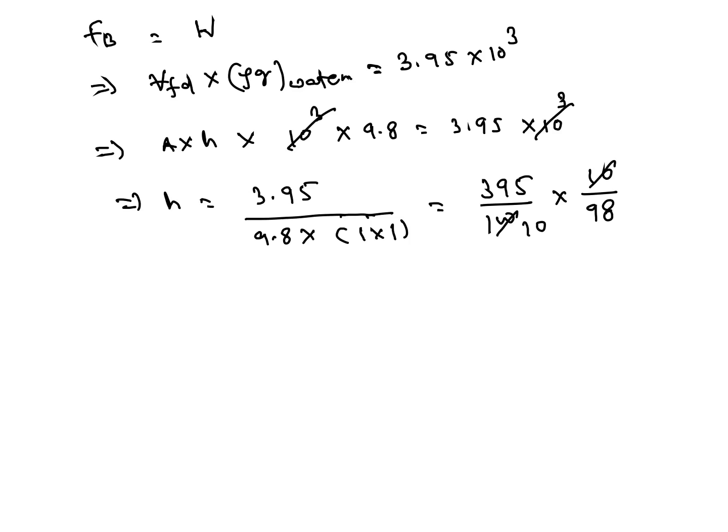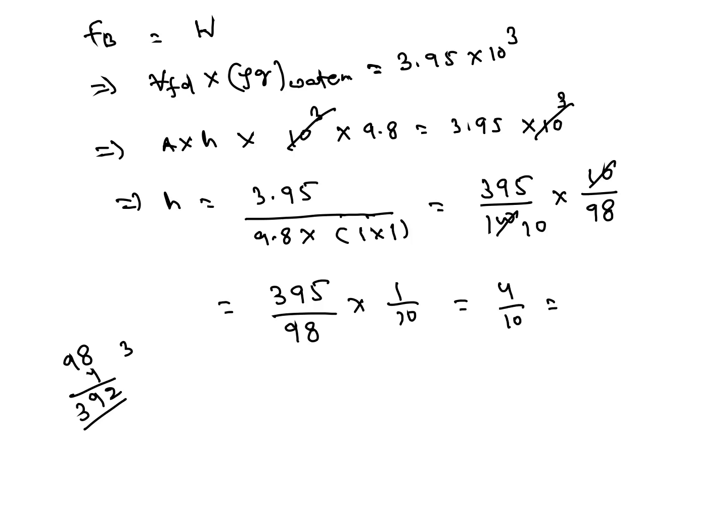If we multiply 4 into 98, we get 392. So approximately 4 by 10, 0.4 meter.